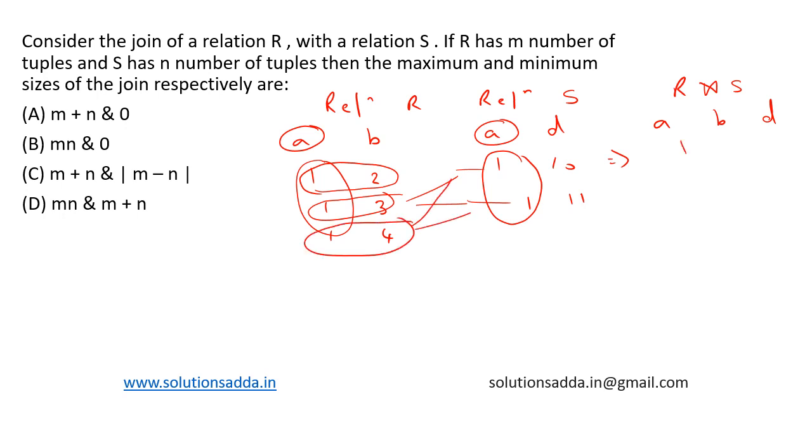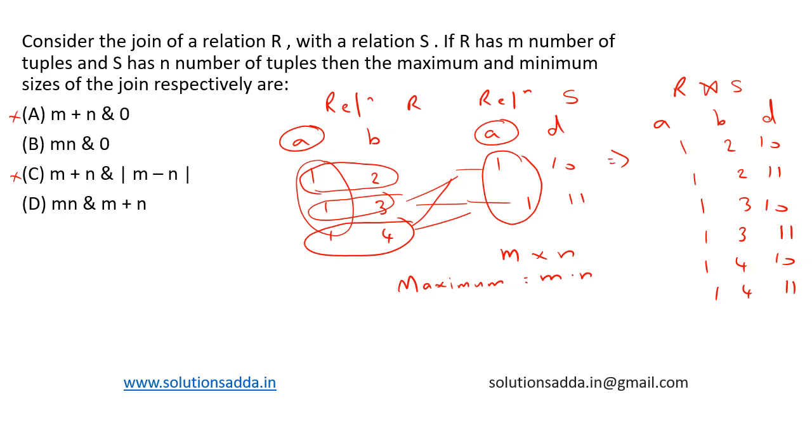So we have 1, 2, 10, 1, 2, 11, 1, 3, 10, 1, 3, 11, then 1, 4, 10 and 1, 4, 11. So we have in total m cross n, that is m into n number of tuples in the case of maximum. So now itself the options A and C are eliminated.